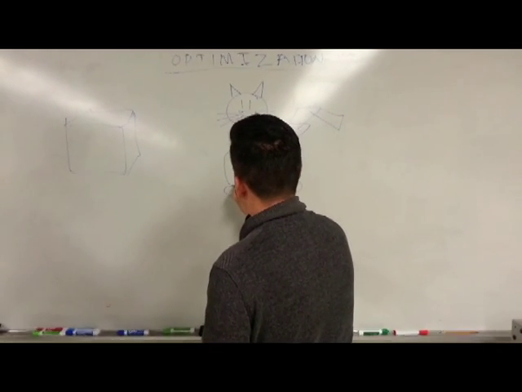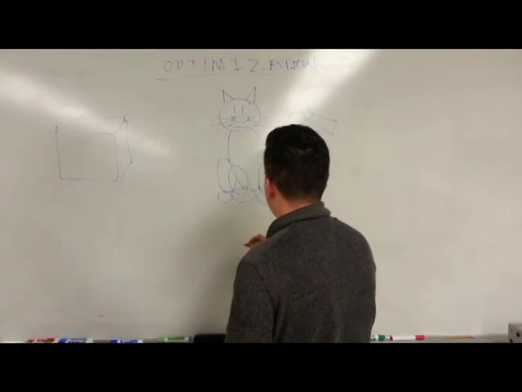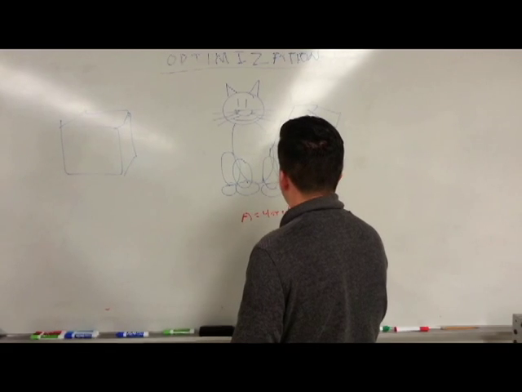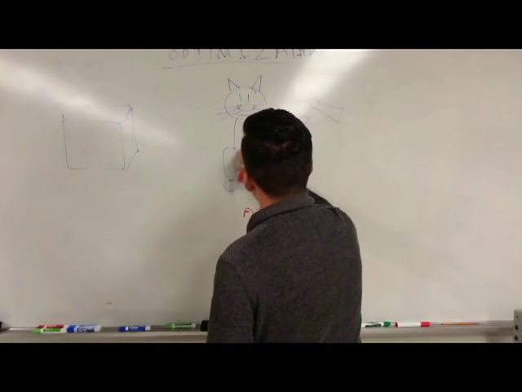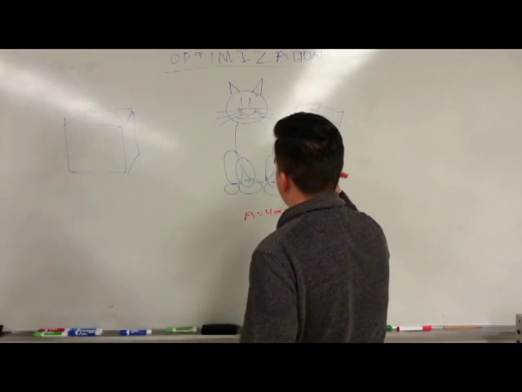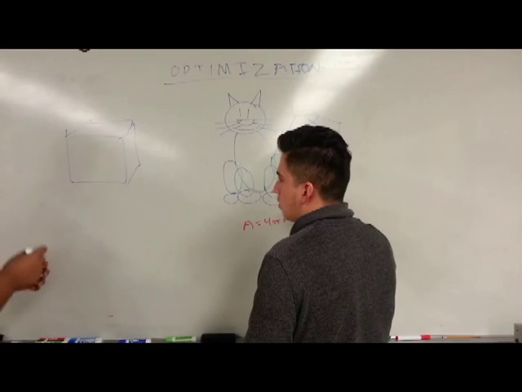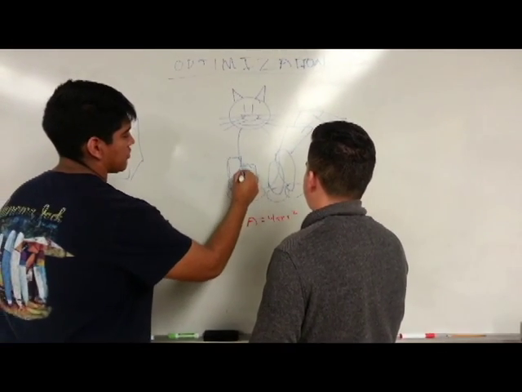So for the example, all the paws should be around the same proportional. So it'd be area equals 4 pi r squared, since they're all 4 circles. And then we have 2 similar legs, which are the back legs, that are longer. Can we say they're rectangles? Yeah, rectangles probably work better.